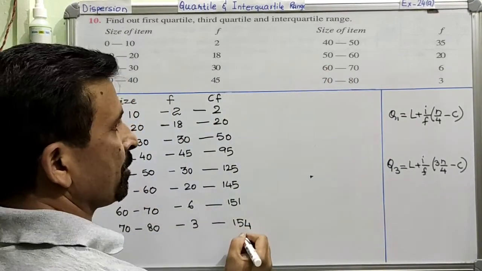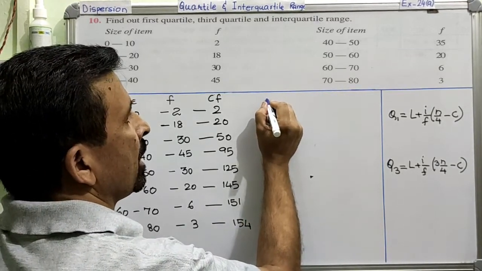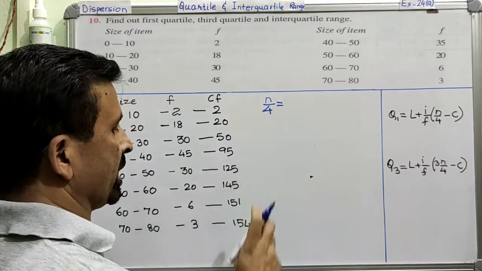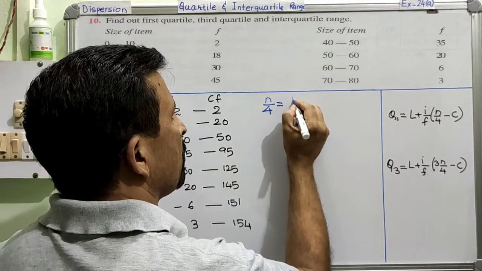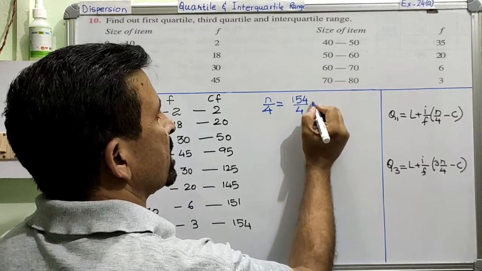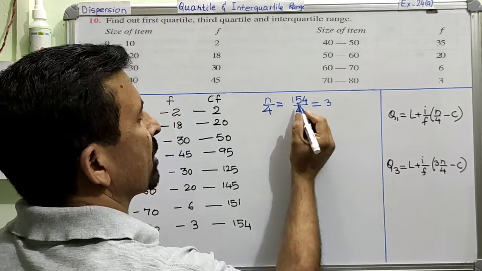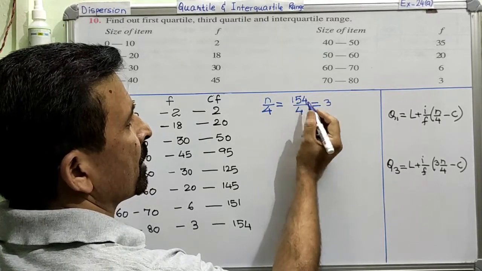N over 4, the value we will calculate. What is n? It is 154. 154 divided by 4. So how much does this come to? 4 3s are 12, and then 34, right?